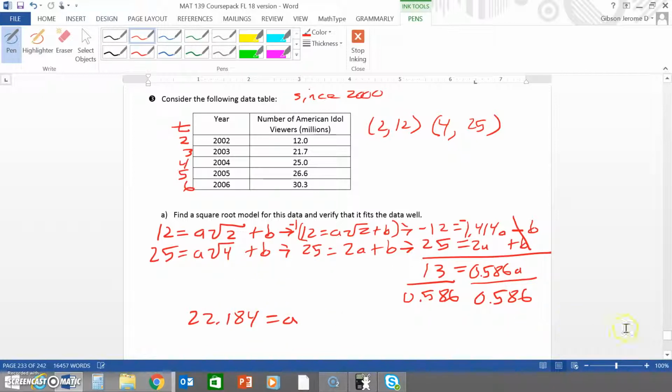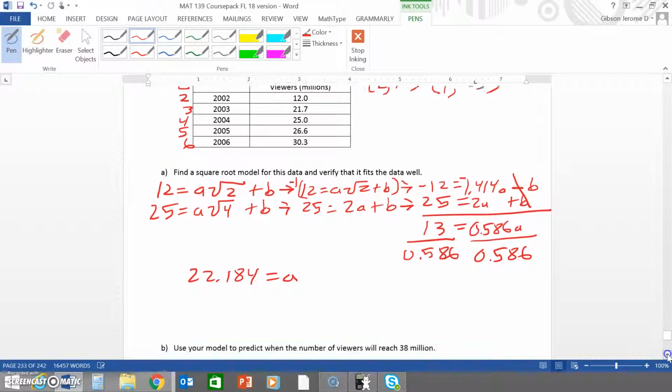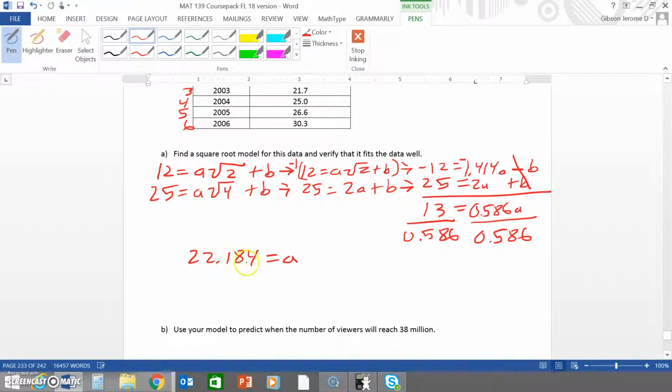Now we have to go back into the original equation and substitute this value in for A. So we could take one of the ordered pairs. Let's do everything proper.